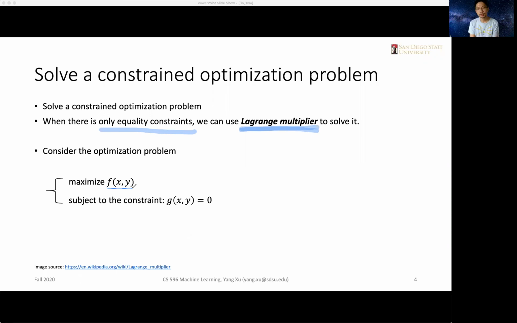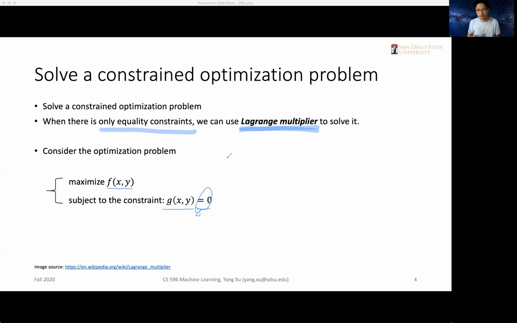But it comes with the constraint that the second function, g of x and y, should always equal 0. Let's consider this as our constraint. And it is in the equality form, so that's why we call it an equality constraint.